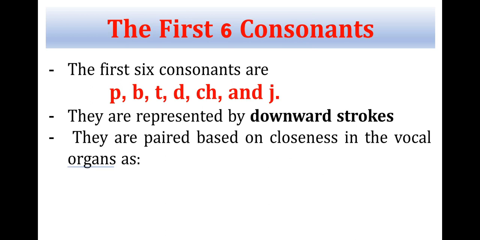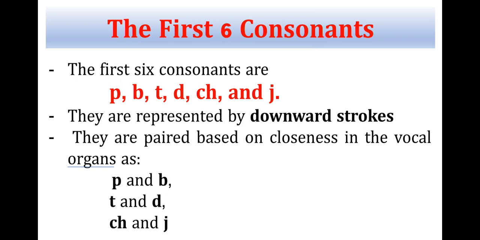These consonants are paired based on the closeness in the vocal organ, that is, the closeness in their pronunciation. Consonant P and B are paired together, consonant T and D are paired together, and consonant Ch and J are paired together. So let's look at the drawing.